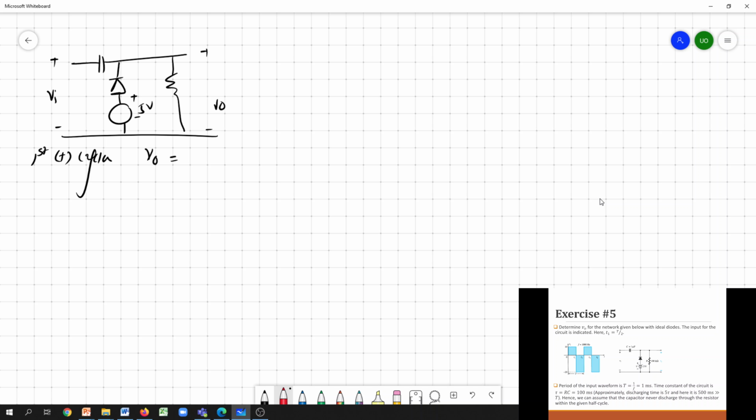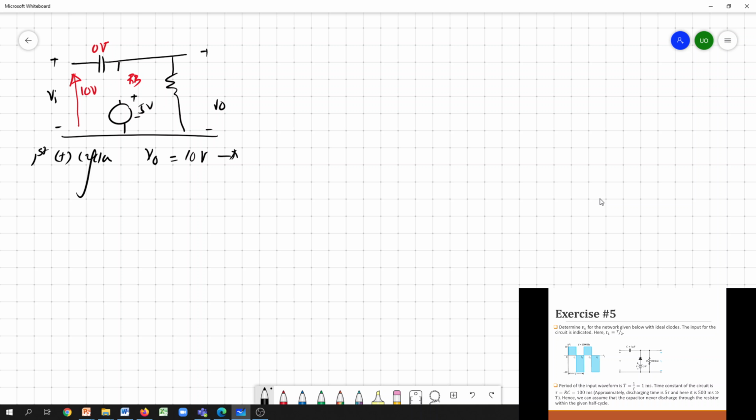We have 10 volts here and 0 volts here, and the diode is reverse biased, so it acts as an open circuit element. So V out is basically 10 volts.